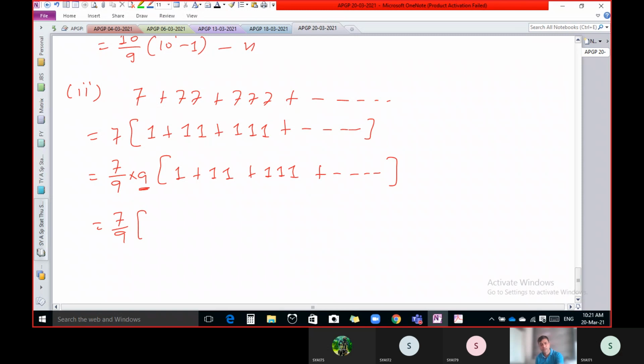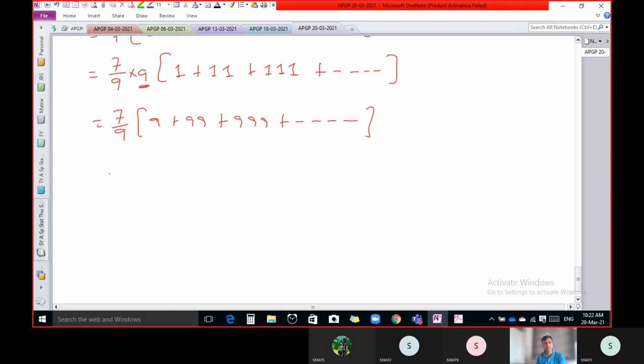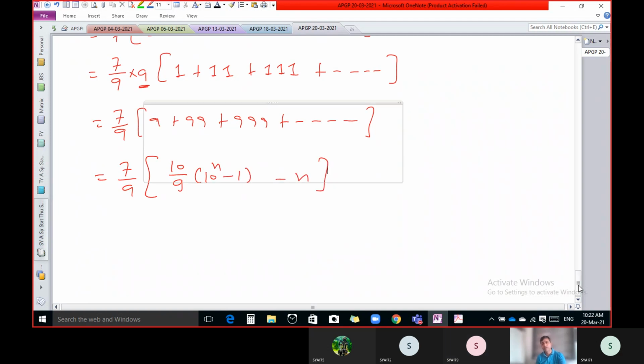What do we get? 9 plus 99 plus 999 plus so on. And we know the answer of this, which we already did in our previous question. So 7 upon 9, I will write the answer directly here: 10 upon 9 in bracket 10 raised to n minus 1, minus n. This is the final answer of my previous question.